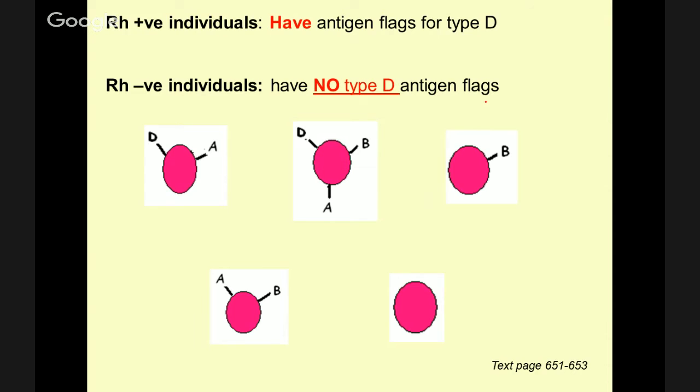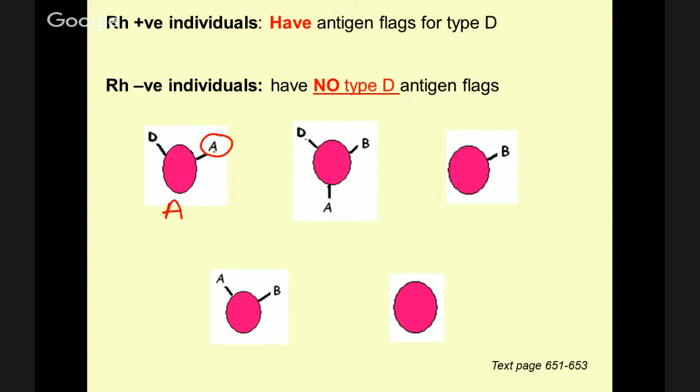So here's the thing. If your red blood cell has an A flag on it, then this person is an A blood type. So whatever flag is on your red blood cell, that's going to be your blood type.